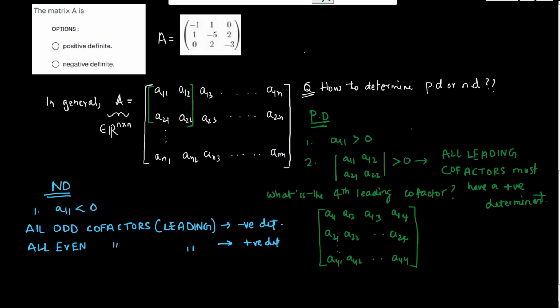So this is the condition for negative definiteness. Now, since we know this theory, let's try to examine the given question.